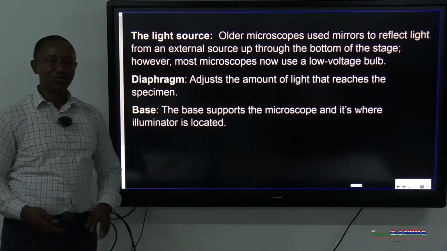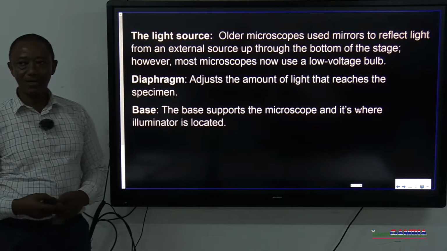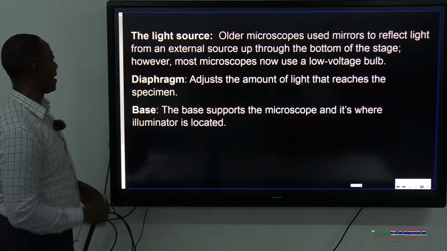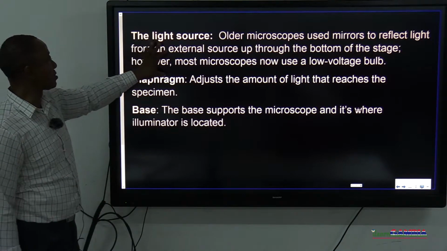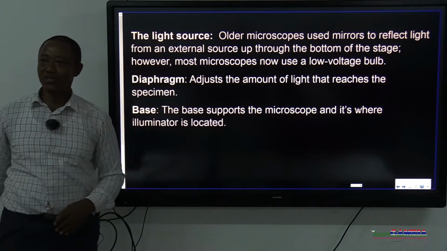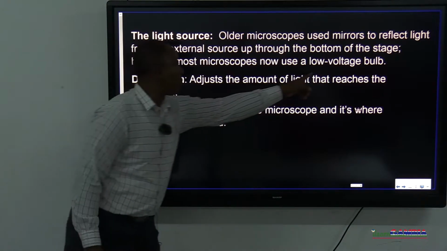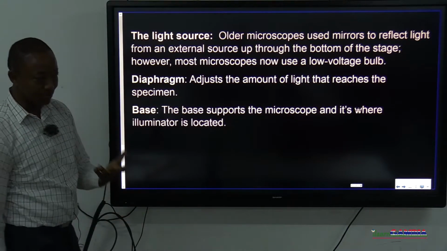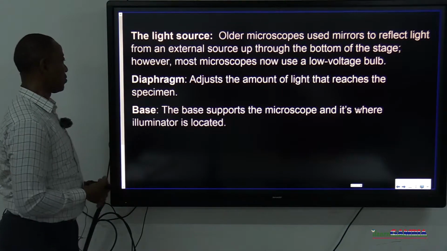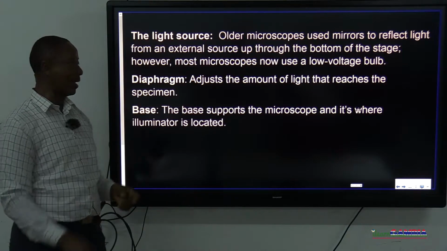Older microscopes use a reflector, something like a mirror that reflects the light from an external source onto the stage. But the most modern microscopes now use a low voltage bulb that uses electricity. You will need electricity so that you can get light to see things.